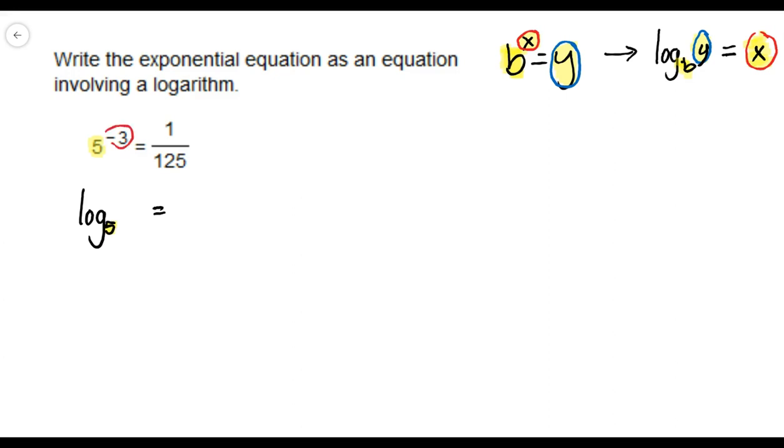So the exponent is negative 3, and that's what it equals. So the negative 3 goes here. And then what the exponential equals is what goes inside the log. So our equivalent log equation is log base 5 of 125 is equal to negative 3.